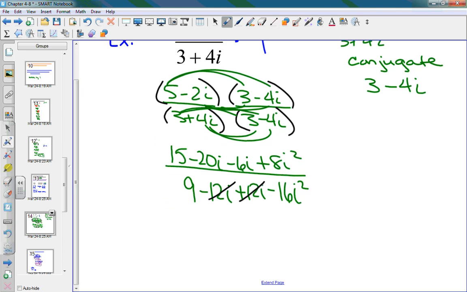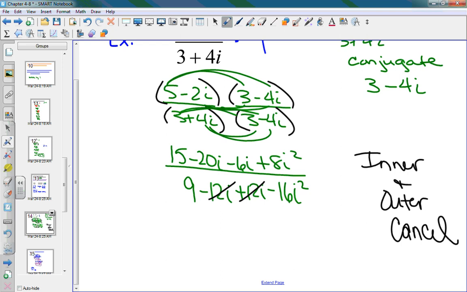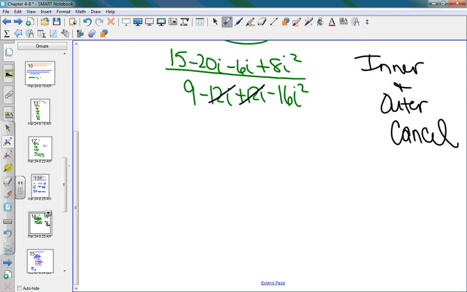The inner and outer cancel, only with conjugates, which means I'm going to have 15, minus 20i and minus 6i is going to give me minus 26i, plus 8i squared over 9 minus 16i squared. Inner and outer always cancel when multiplying conjugates together, so all you have to do is the first and the last term.